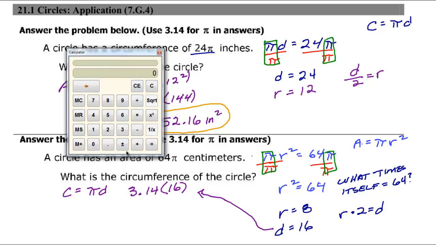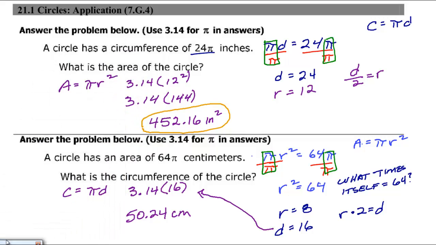The decimal didn't hit. 3.14, there we go, times 16 is equal to 50.24, and this was centimeters, so it is 50.24 centimeters. So if you have both those correct, move on to the next two problems. If you don't, rework the next two problems.